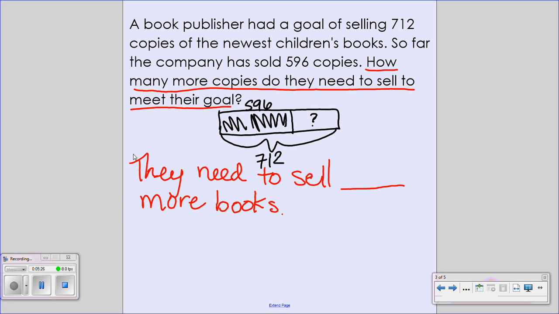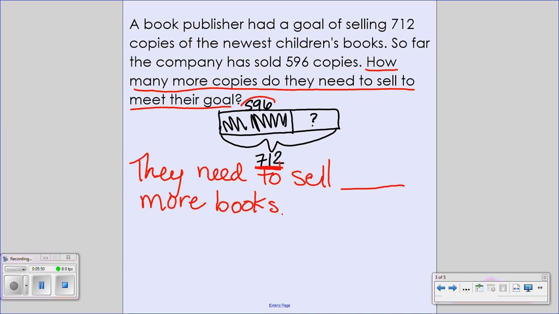Close to. Exact. Does it say about? Does it say estimate? No. Do they want a close to number or an exact number? So if we know we want an exact number, are we going to do rounding? No.